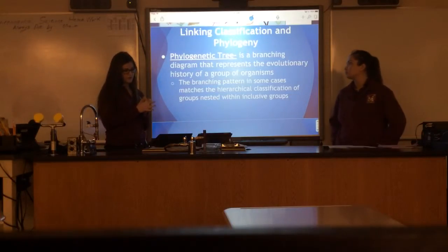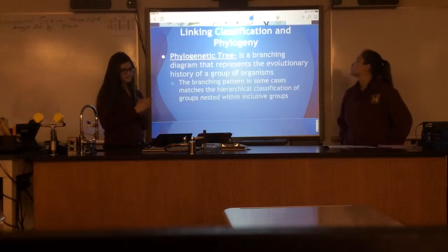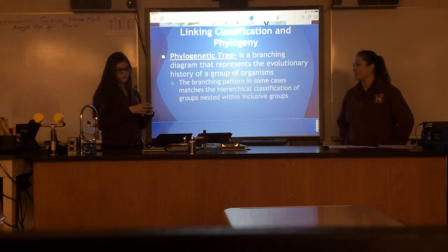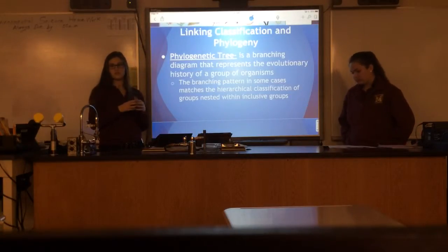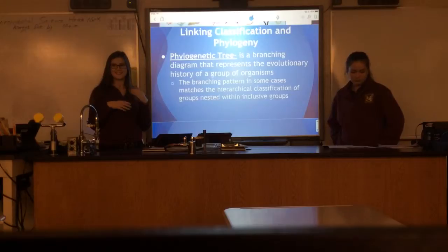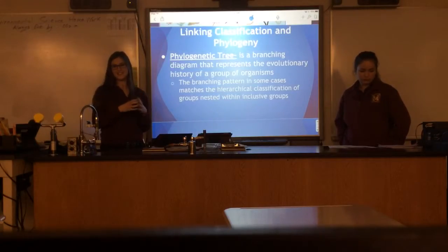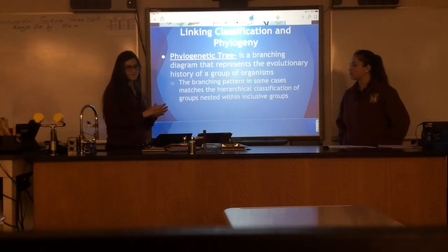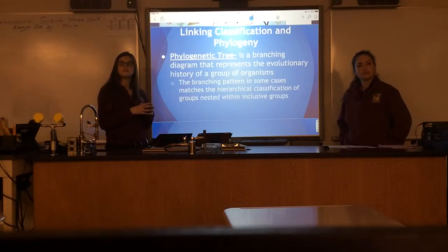But if the systematists conclude that the mistake was made, the organism can just be reclassified accurately to show the evolutionary history. So even if they do make a mistake, they can just fix it. And this happens often, actually. That was a good point, thank you, because that happens a lot.